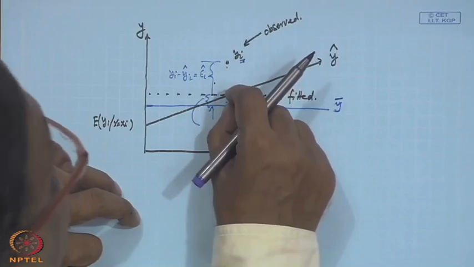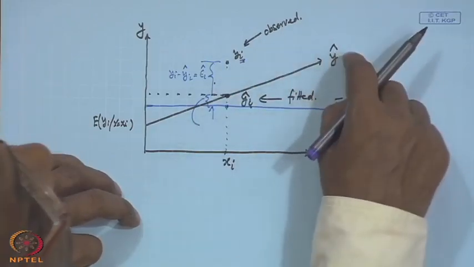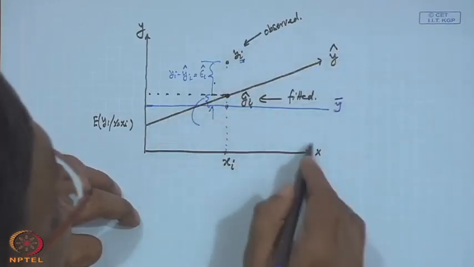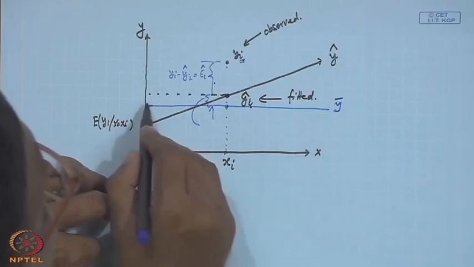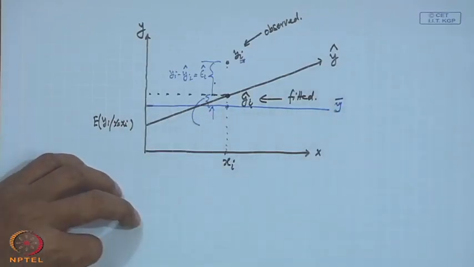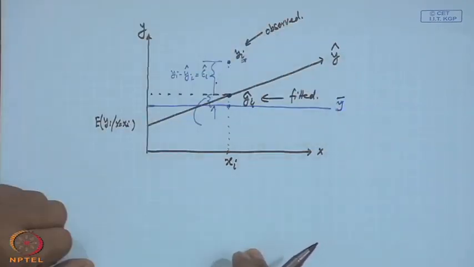That means this is the amount for yi which is explained by the regression line. If there is no regression line, that means no x information, you will go by y bar. If you have only the y information, this is the best fit.